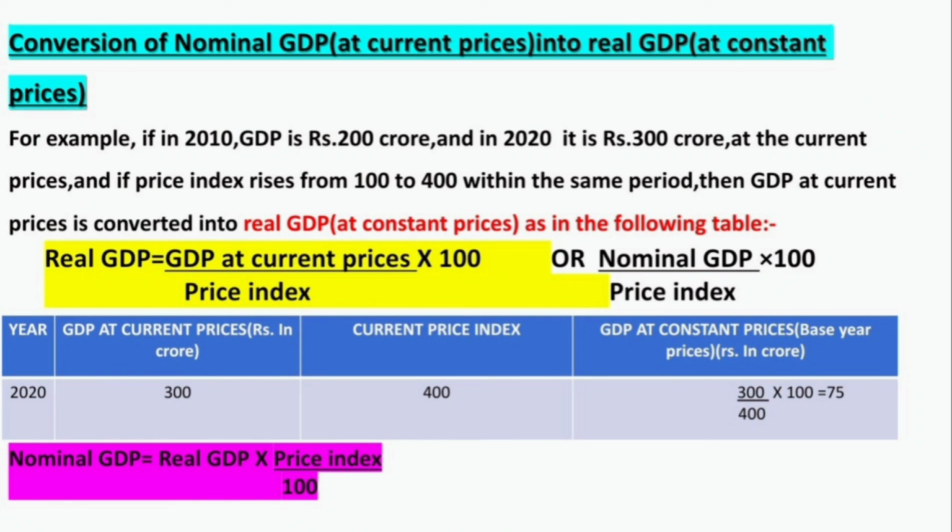We get 75. That is rupees 75 crores. Likewise, how can we convert real GDP into nominal GDP? Nominal GDP, or GDP at current price, is equal to real GDP, or GDP at constant price, into price index by 100.